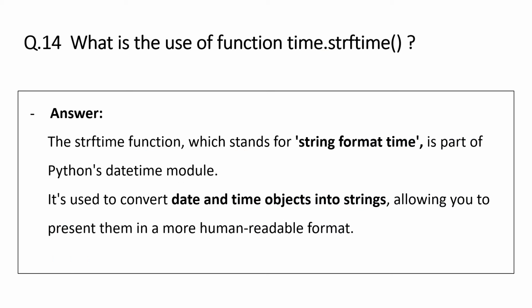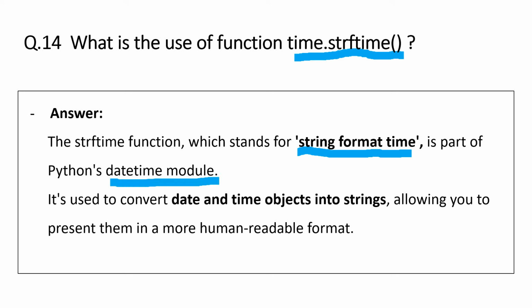Next question is, what is the use of the time.strftime function? So this is the answer. The strftime function stands for string format time. It is a part of Python's datetime module.